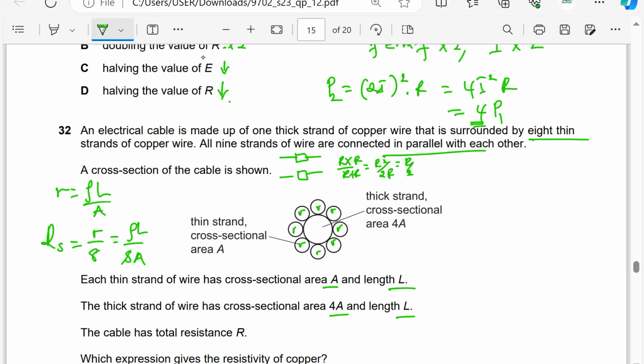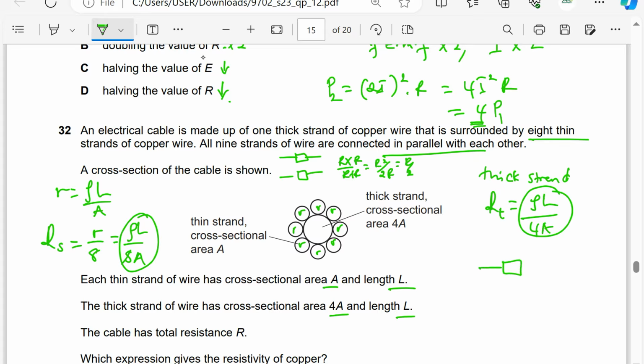Then for the thicker strand, its resistance is going to be equal to rho times L, cross-sectional area is 4A for that thick strand. Then the thick strand is again in parallel with these other 8 strands. Now it's like having the resistors of the small strands in parallel with the thicker strand.